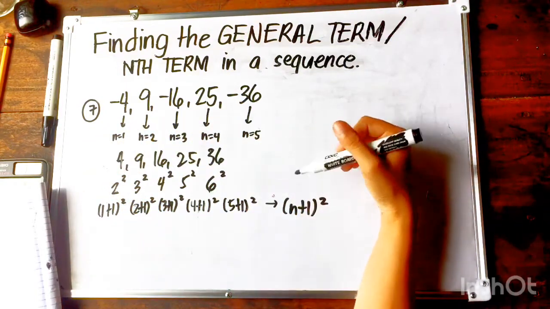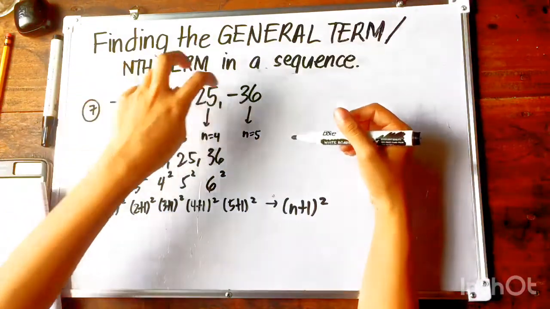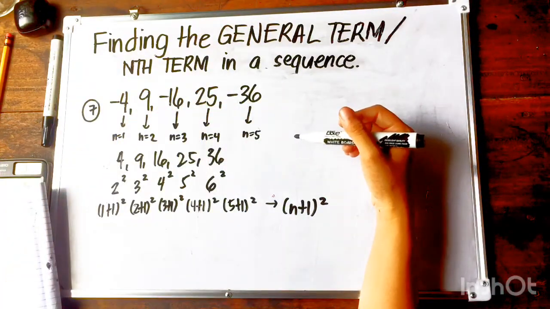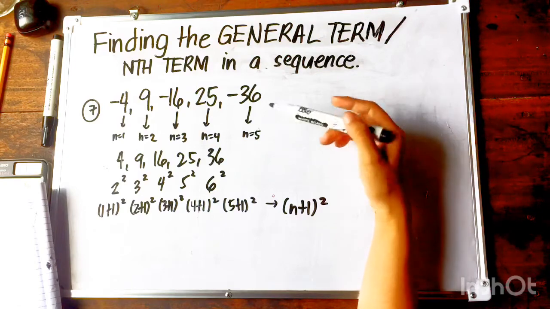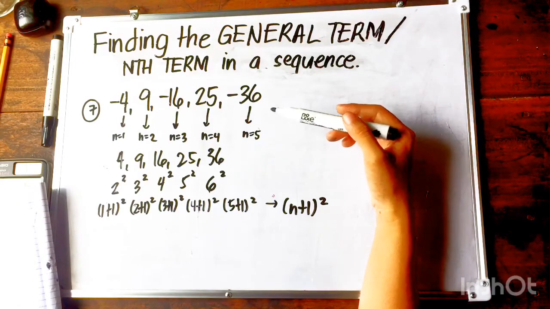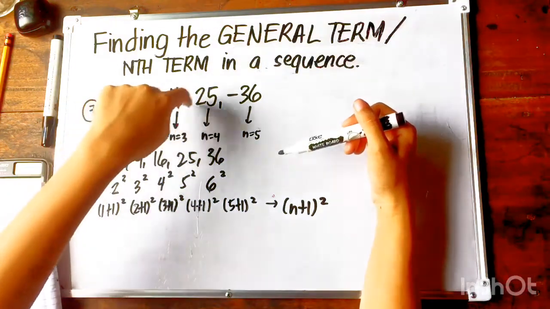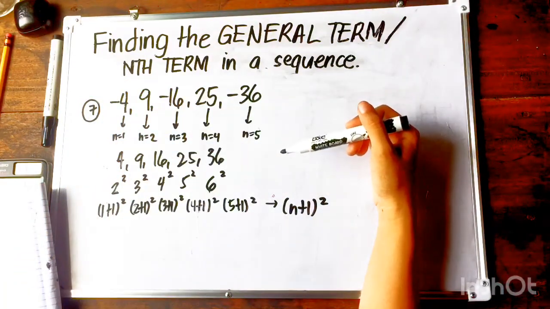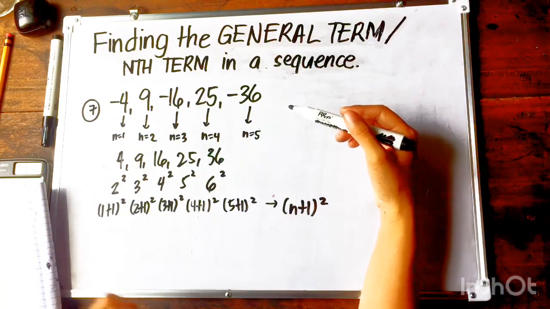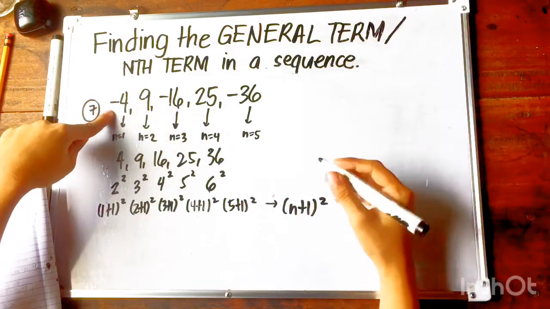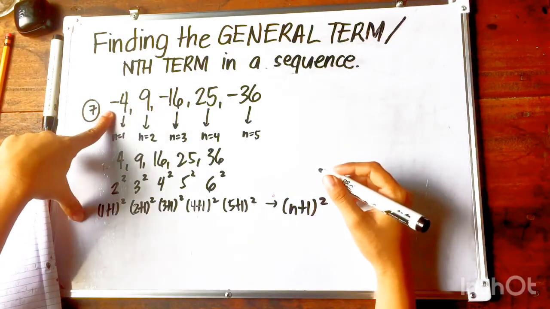Okay? The problem now is, paano ba natin gagawing alternate yung mga sign? Diba? So, paano yung sa first and third, sa fifth, mga negative? So, for sure, it seems na nagmumultiply lang tayo ng negative 1. Diba?